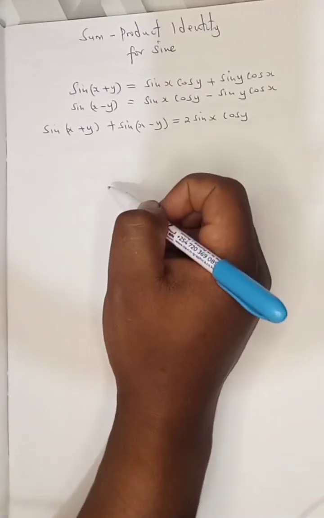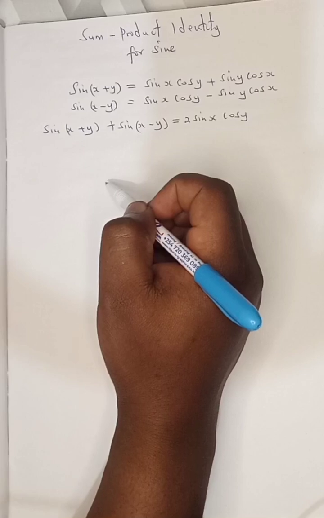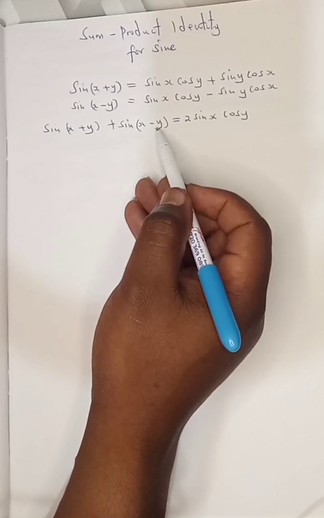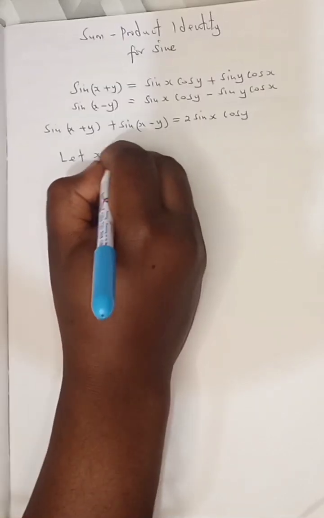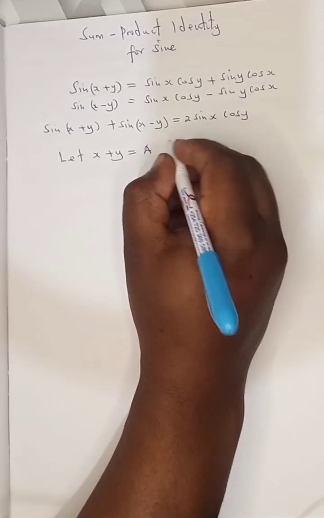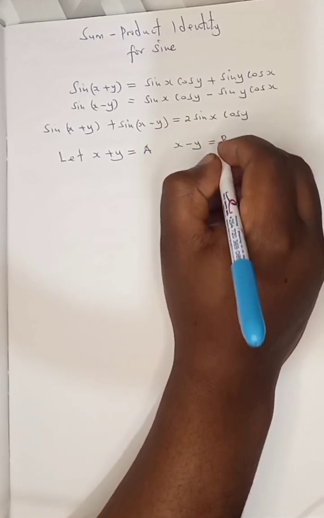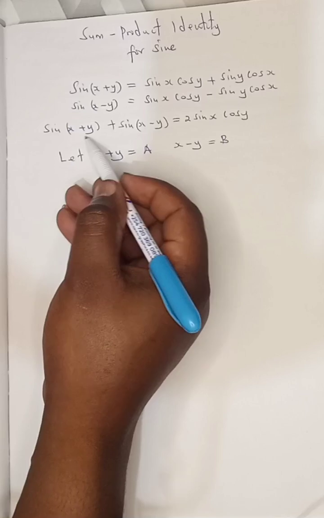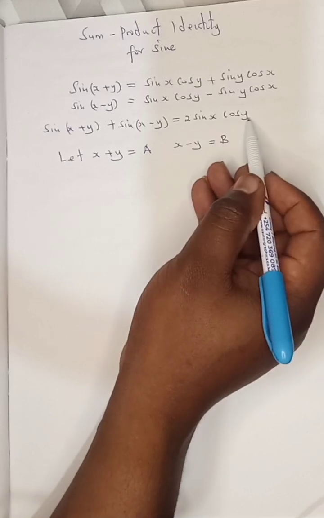So whatever we have by adding the whole of this and this is 2 sine of x cosine of y. The next procedure we are going to follow here is to let x plus y and x minus y be given values. We are going to let x plus y be equal to a letter A, while x minus y be equal to a letter B. You can see clearly that here we have x plus y, here we have x minus y, and here we have x and here cosine of y.